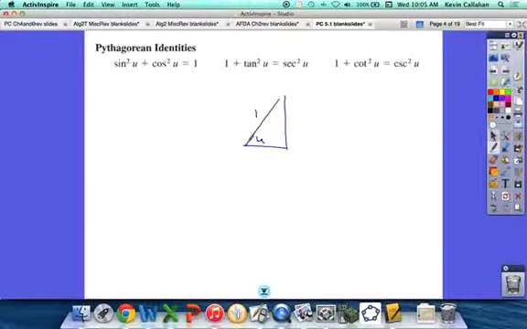We know that across from the angle, that's the sine, and adjacent to the angle, that's the cosine. And so just using the Pythagorean theorem, sine squared plus cosine squared equals 1. That's what this one says right here. That one should be as familiar to you as a squared plus b squared equals c squared, which I know you know from the Pythagorean theorem.